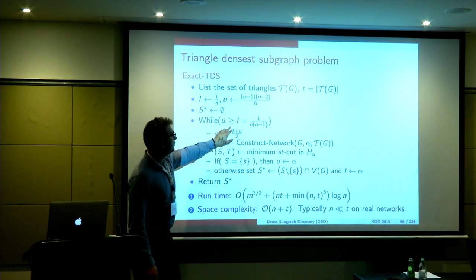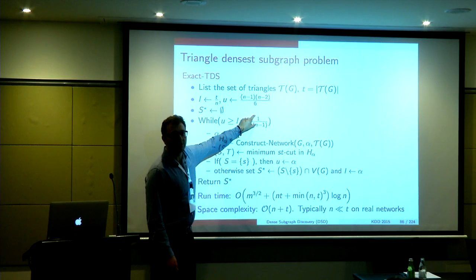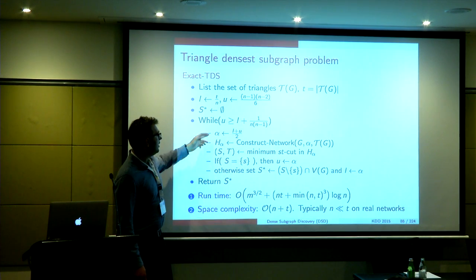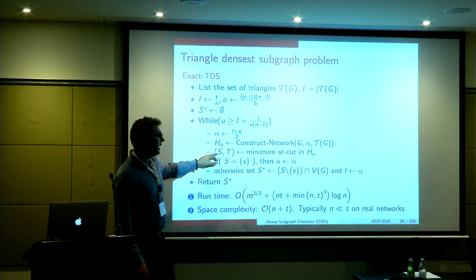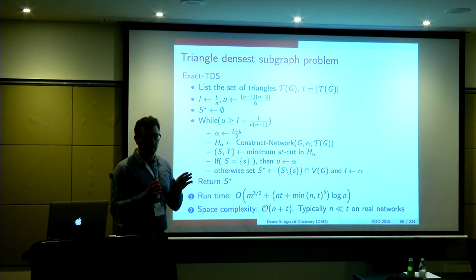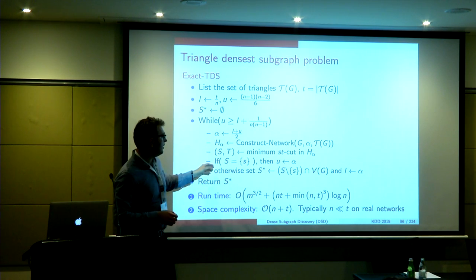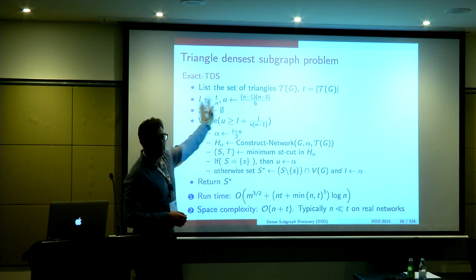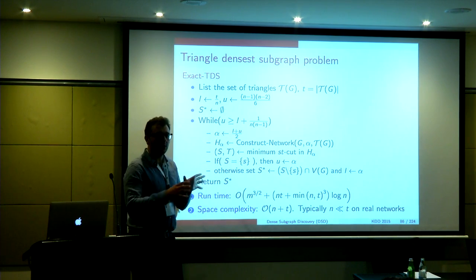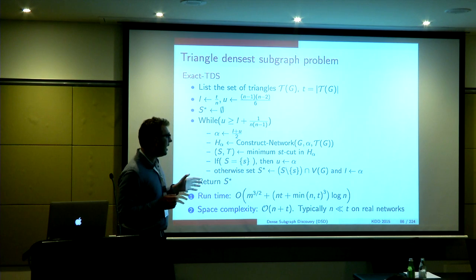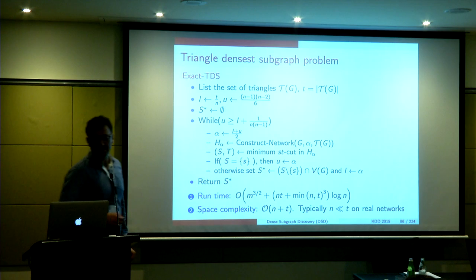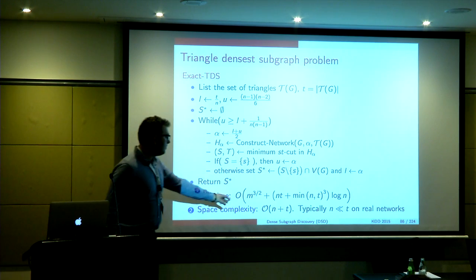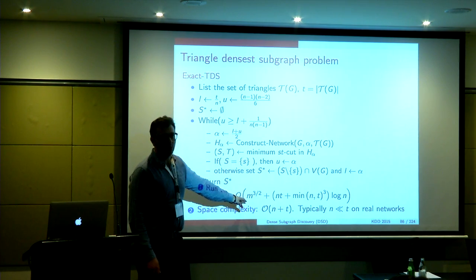And then, while the gap is larger than 1 over n squared, because these values are separated by 1 over n squared, you construct a network, compute your max flow, and look at the minimum s-t cut. If on the s side you have more vertices than just s, then you know that you have found a set with density at least alpha, so you set the lower bound to this value. Otherwise, you set your upper bound to this value. This is the idea of the algorithm, and the runtime is n to the 3/2, the time to list triangles.